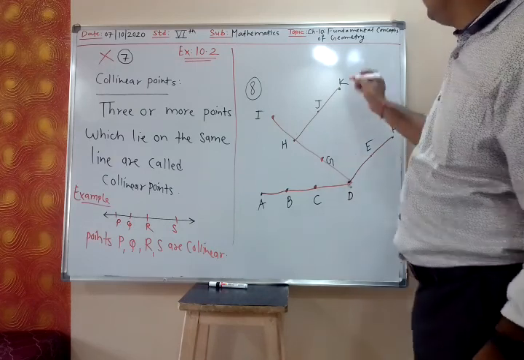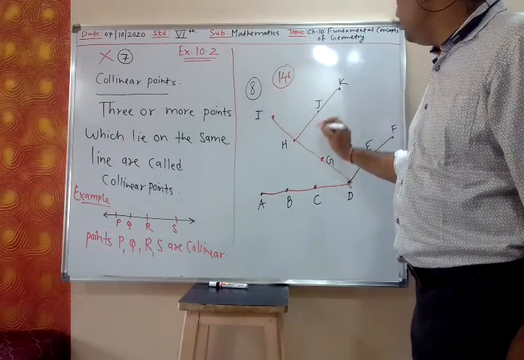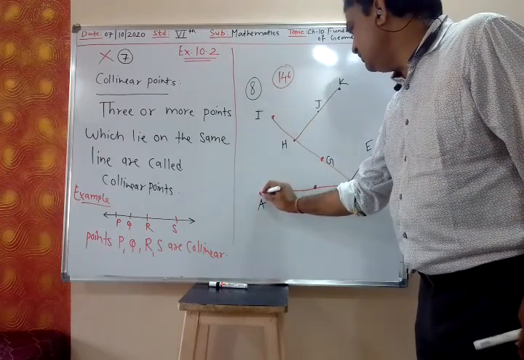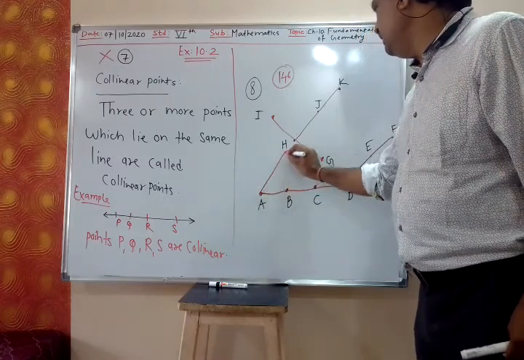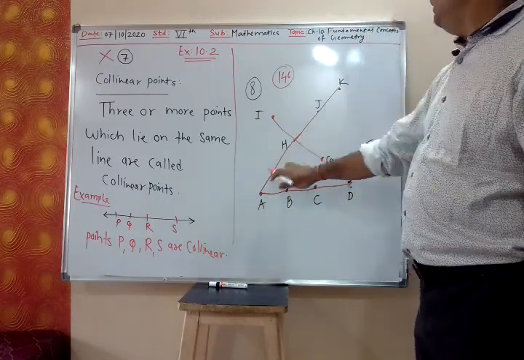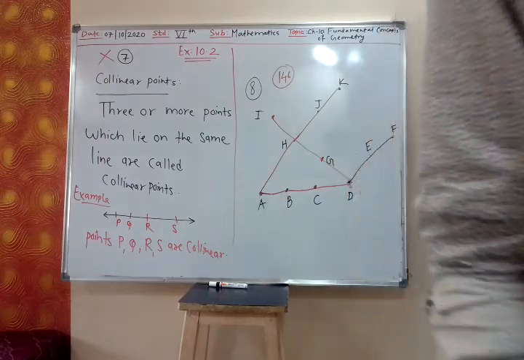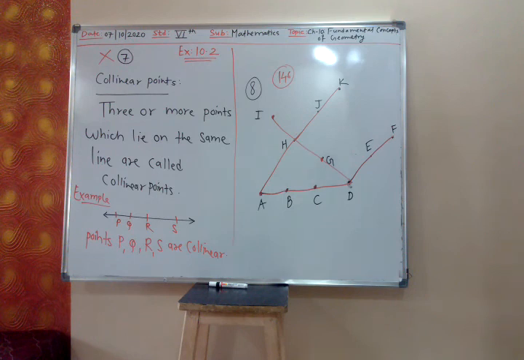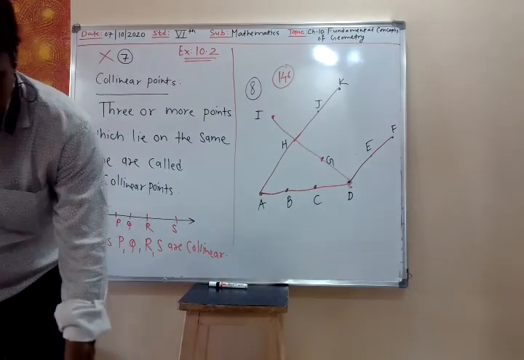Page number 146. Then AHJK is also there. If you see the textbook, AHJK, they are also collinear points. Collinear point means all the points lie on one single line.